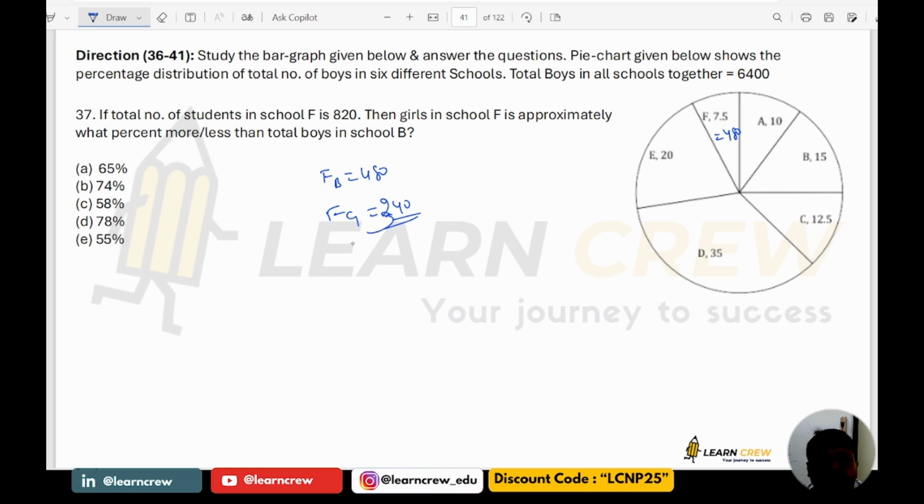The girls in school F is approximately what percentage less than the number of boys in B? The number of boys in B is already 960. So 960 minus 340, the difference over the base value, into 100. So it is 620 by 960, approximately 65 percentage. Option A.